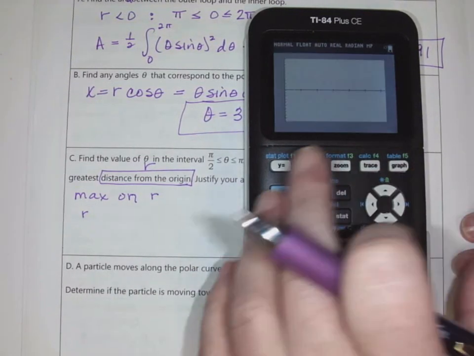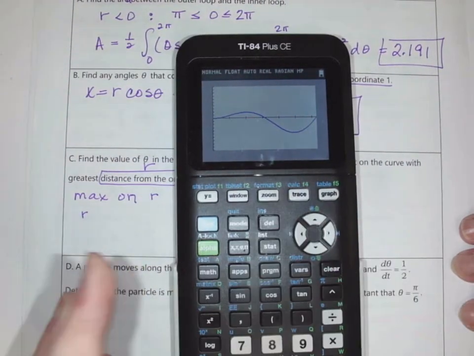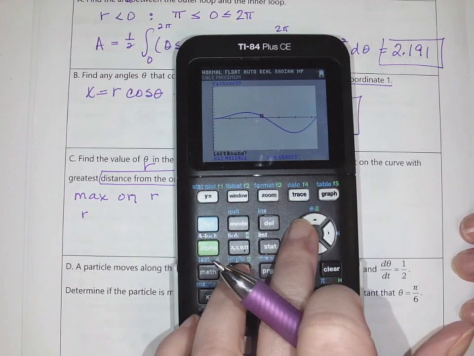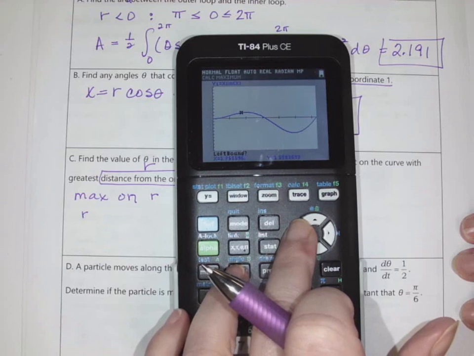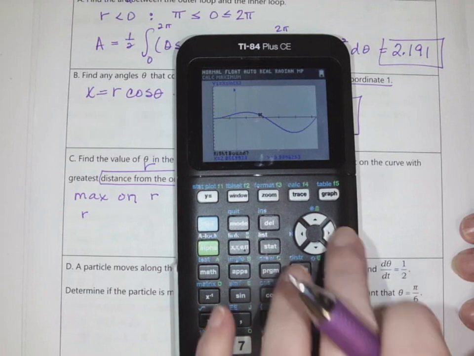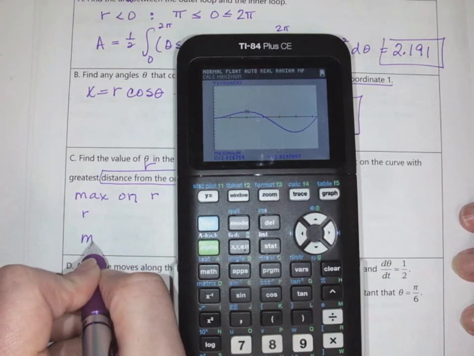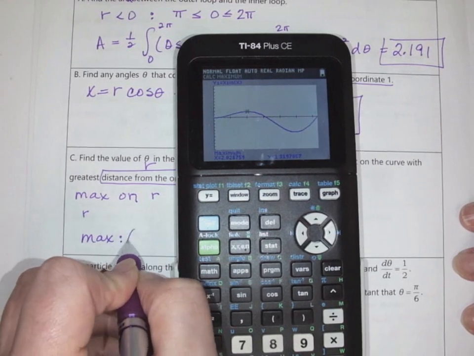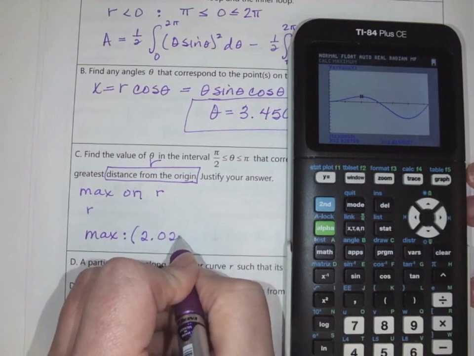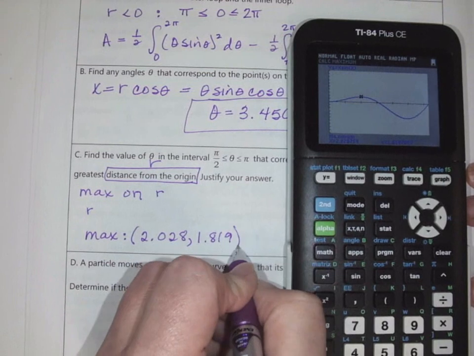So let's go graph. And our max would be this one right here. So I'm going to find that. So second calc maximum. So enter. So our max is the ordered pair 2.028, and then 1.819.